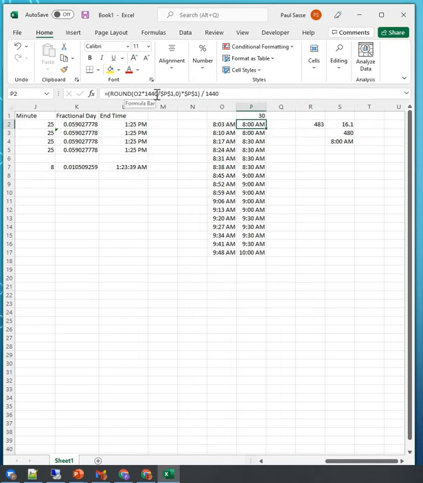So here I'm taking O2, the 8:03 times 1440. I'm dividing it by P1, rounding it to 0. And then I'm taking it times P1 again, and then taking the result of all of that divided by 1440 to format it back into a time.